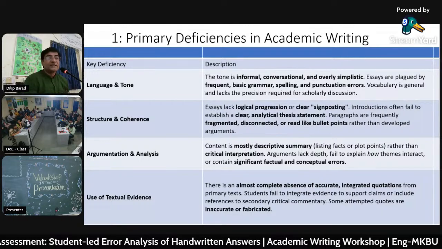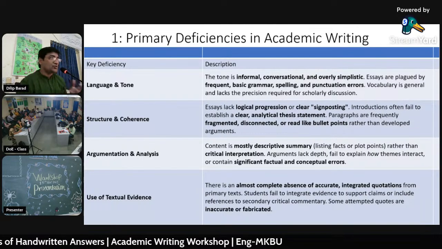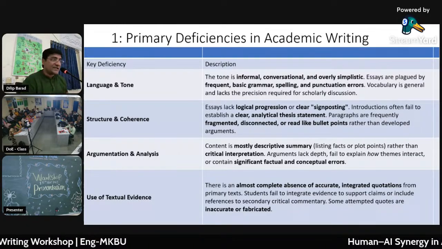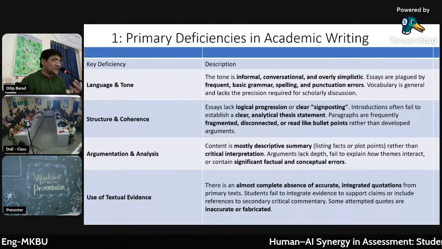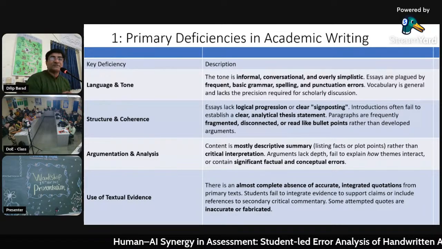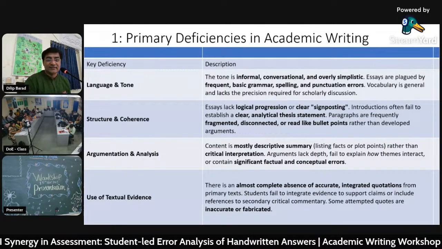Essays are plagued by frequent basic grammar, spelling, and punctuation errors. Now, you can only get an idea of all these things when you compare how the answer is generated with the help of this rubric. Then you will see what the basic grammar, spelling, and punctuation errors are.